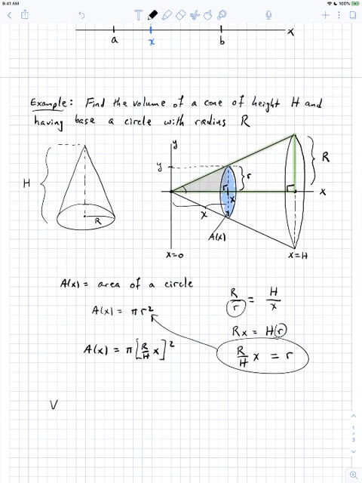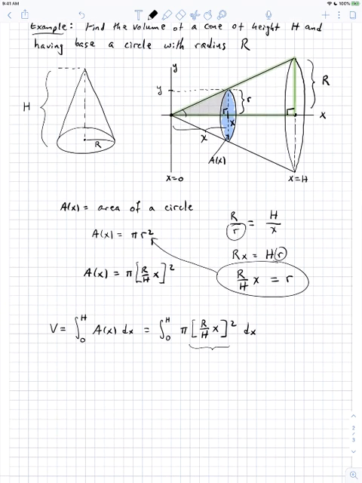So the volume is equal to the integral from 0 to h of A(x) dx, which is the integral from 0 to h. And this area, we've already found it. It's pi times little r, which is capital R over capital H, times x, squared, dx.